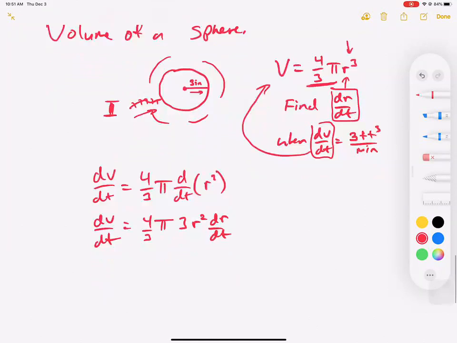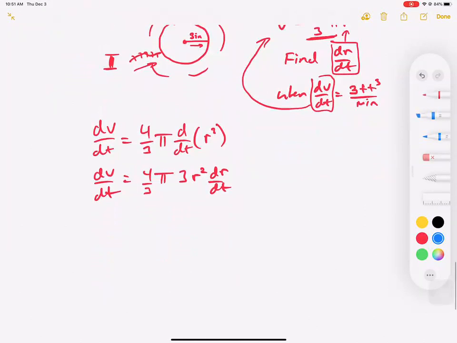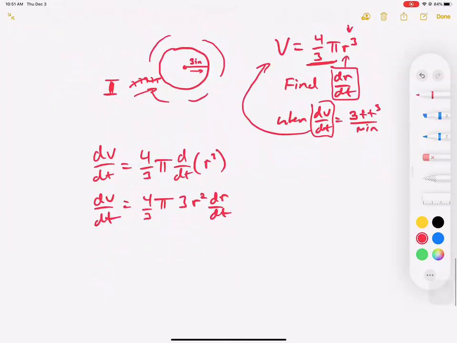All right, so let's see if we have everything we need to solve this problem now. First, they told us the radius is 3. We know that variable. They told us dv dt, how much air I'm pumping in at once, is 3 feet cubed per minute. And we don't know dr dt.